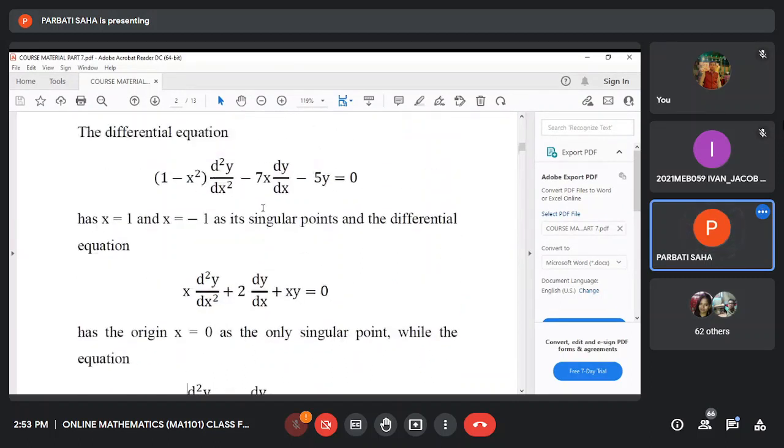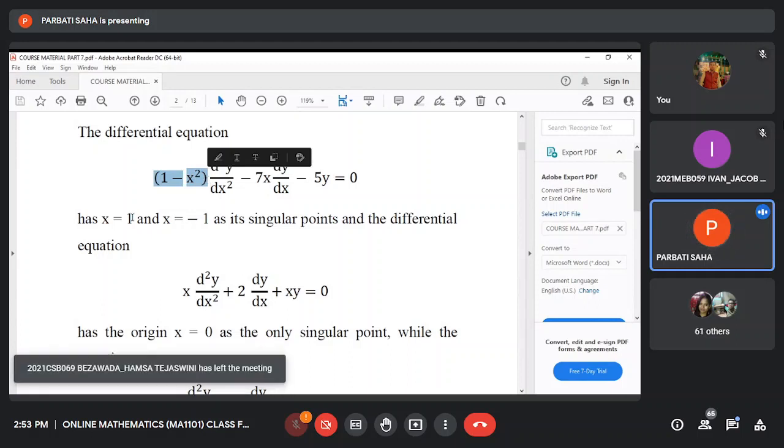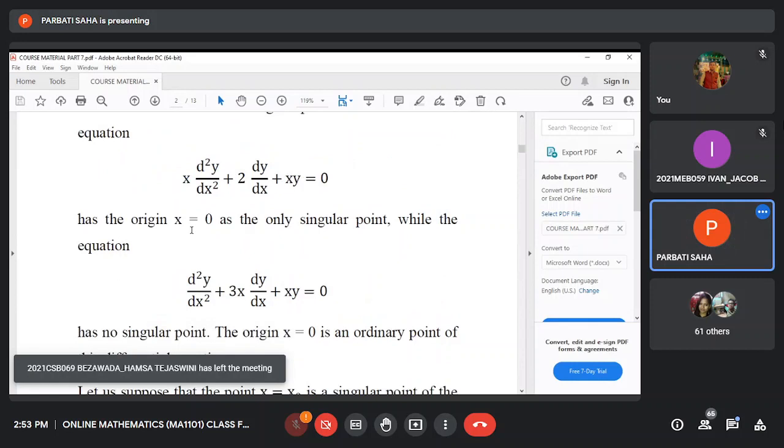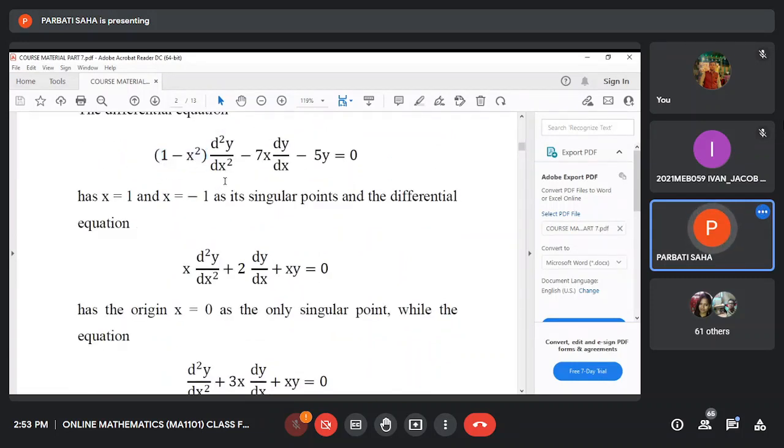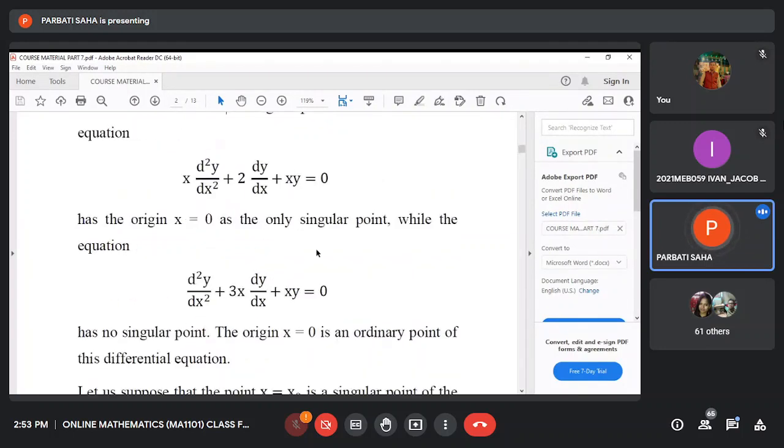And corresponding to this differential equation, x equals plus 1 as well as x equals minus 1 will be called singular points, because this coefficient becomes 0 at x equals 1 and x equals minus 1. So here we can observe the singular points as well as the ordinary points.